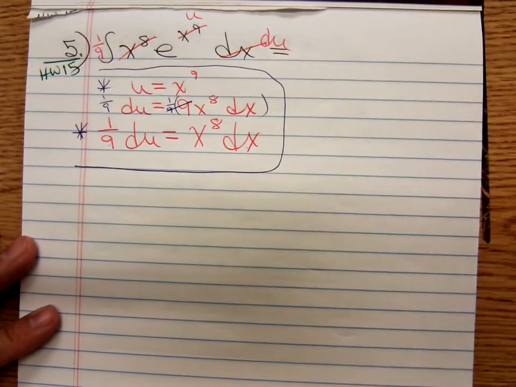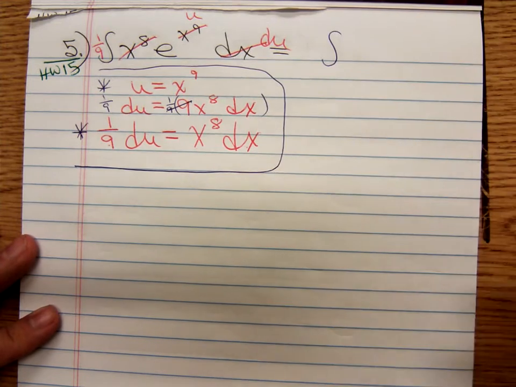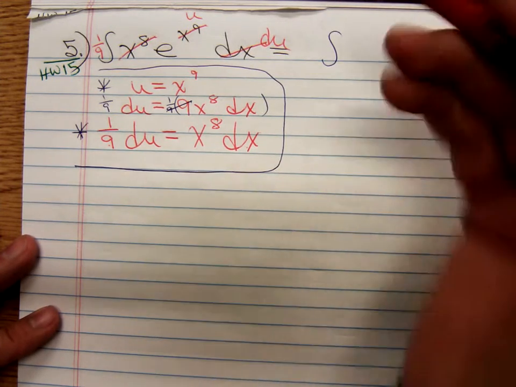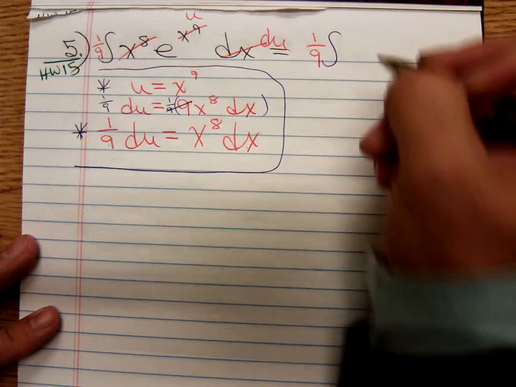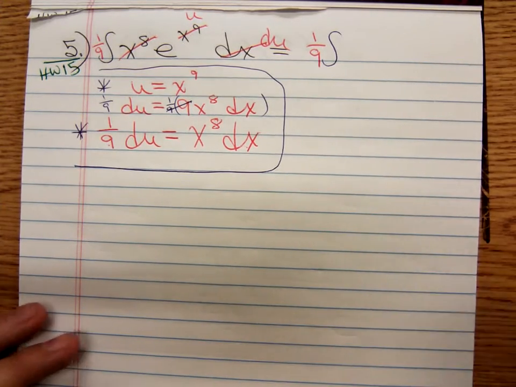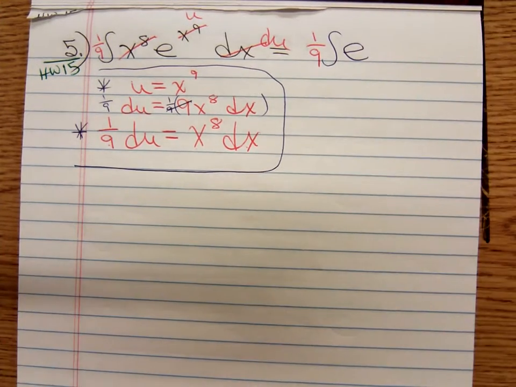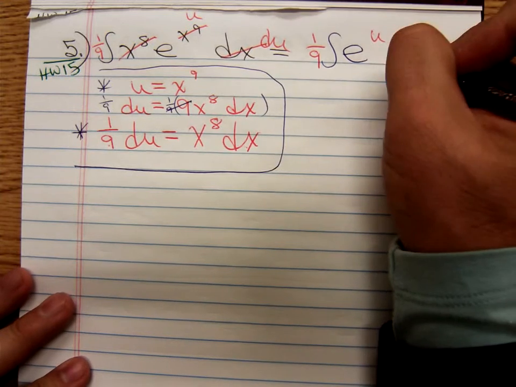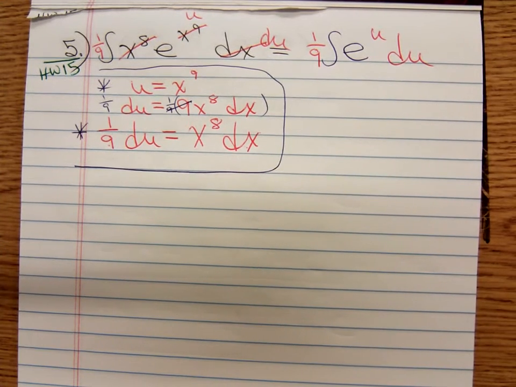Let me clean that up some. I have a 1/9, that's my constant factor, and I have an e, oh this works out really well, e to the u du. Any questions on the substitutions we've made so far?